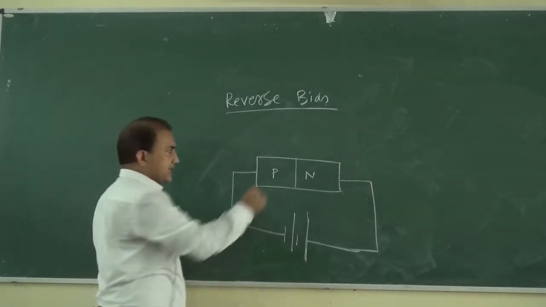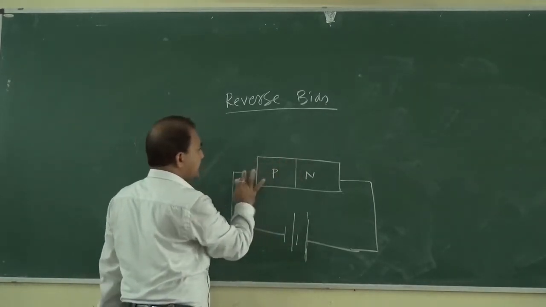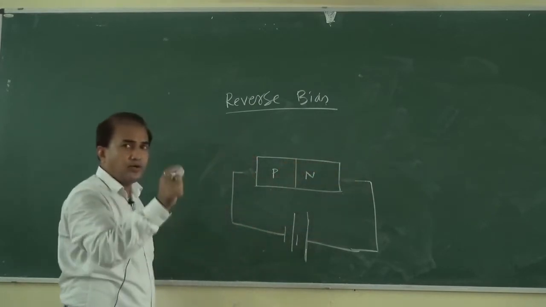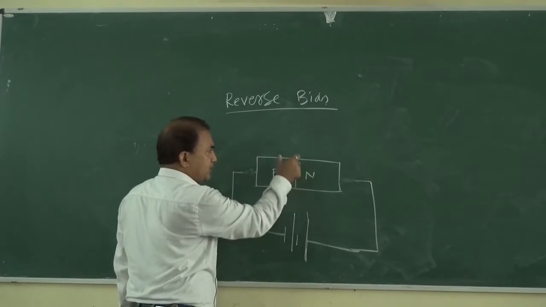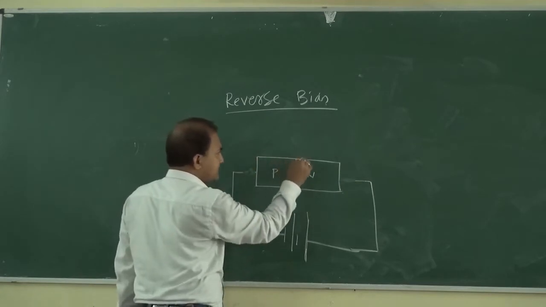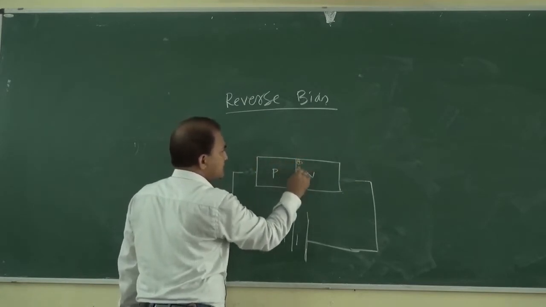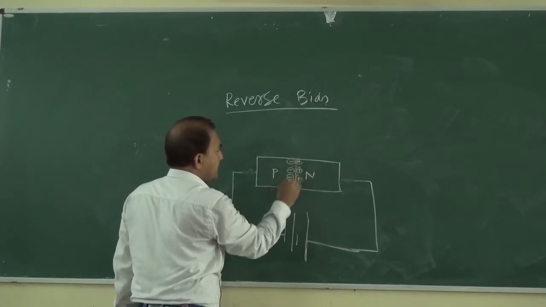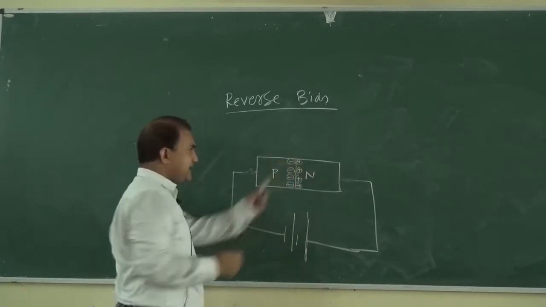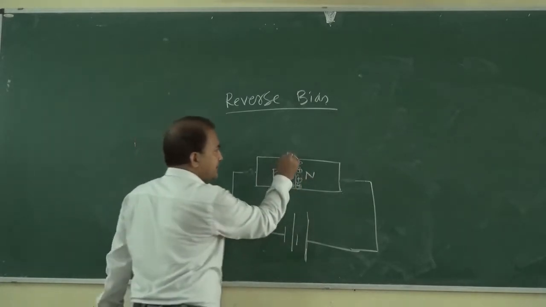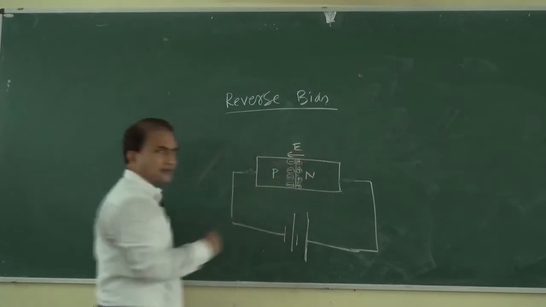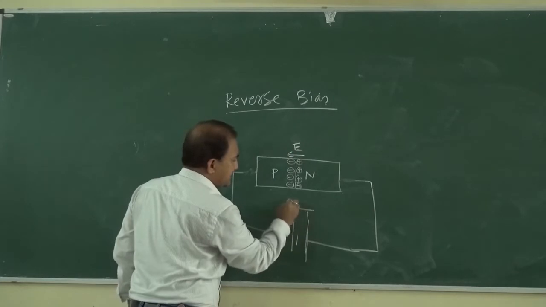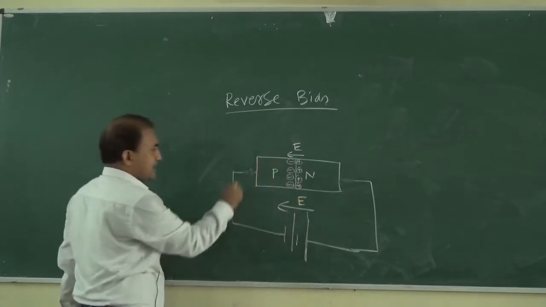Earlier, before this connection, what was the direction of the electric field due to the fixed ions? This is the acceptor ion and this is the donor ion. The direction of the electric field is in this direction. Now here also the direction of the electric field is in this direction.